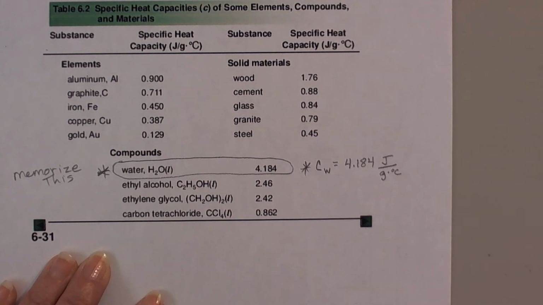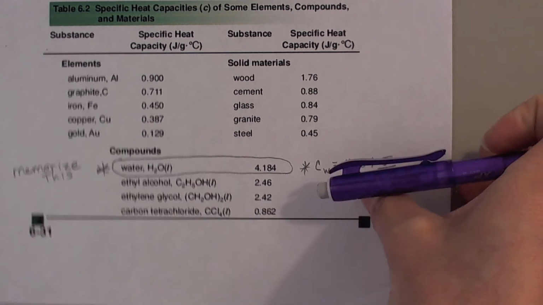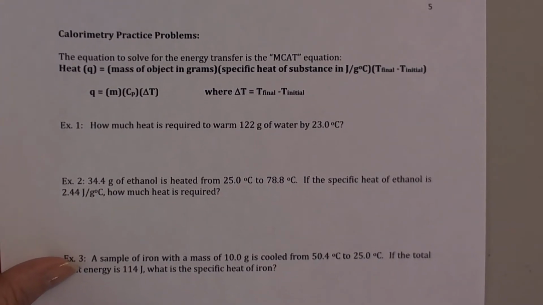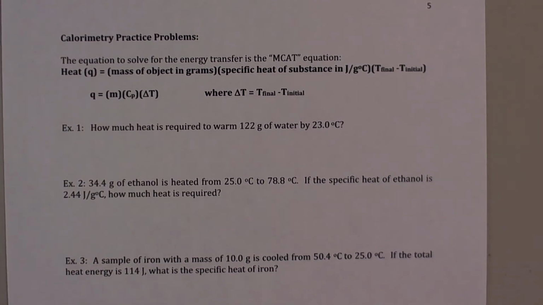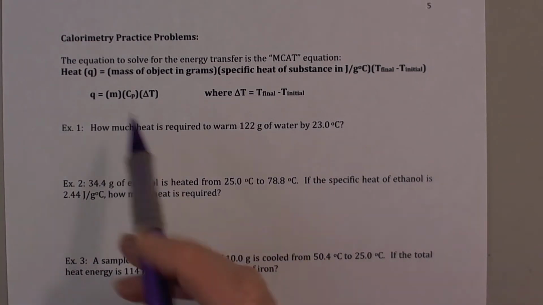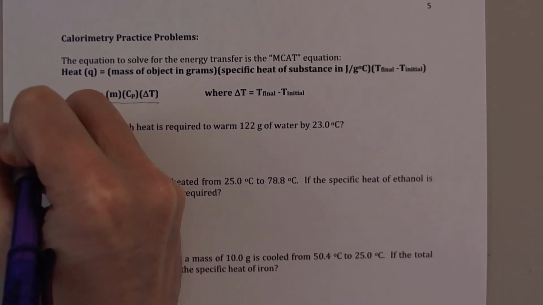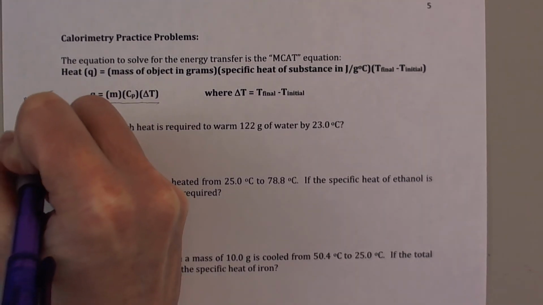So using that, we're going to look at page 5 at the top, where we're going to actually do some calorimetry calculations. Now here at the top of page 5, it lists what we call the mcat equation.